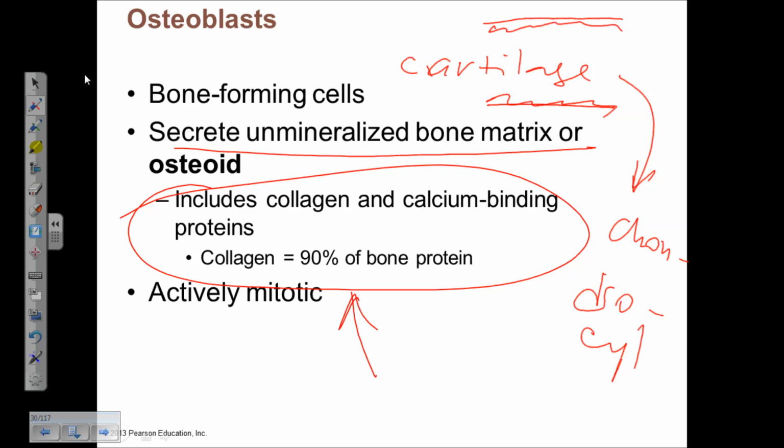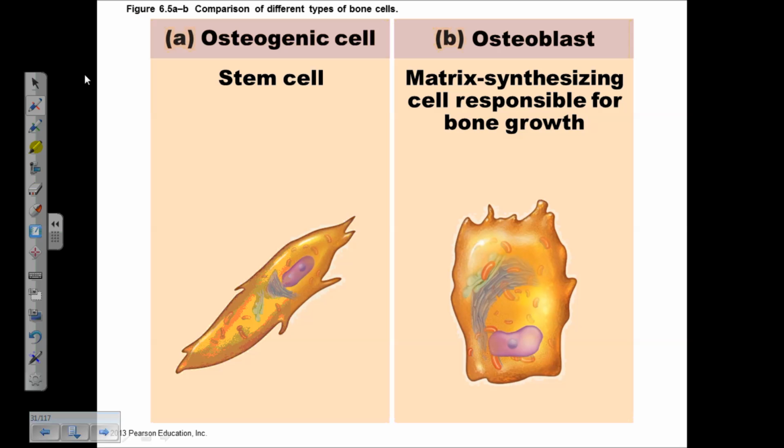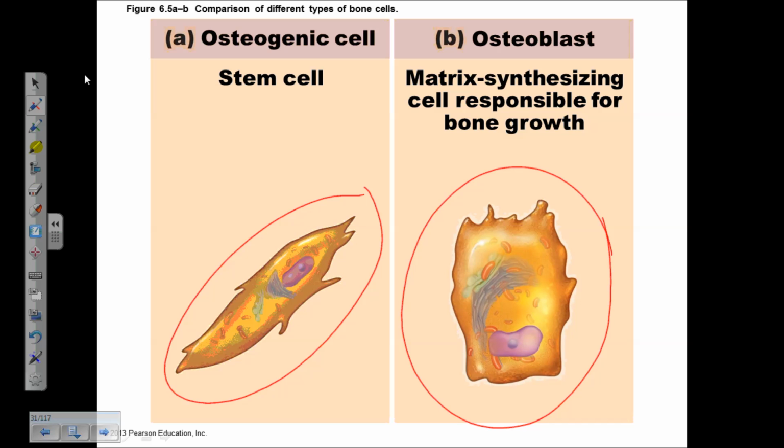Okay? So cartilage and bone are two different tissues. Cartilage does not become a bone. It becomes calcified, but it's not a bone. And you will see when we talk about bone growth how it happens. So stem cells are a kind of squamous, elongated cell, and osteoblasts have pretty much a regular shape.